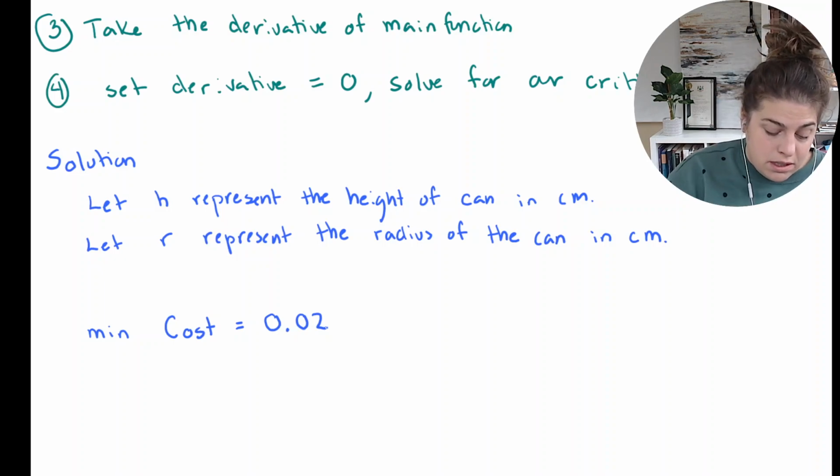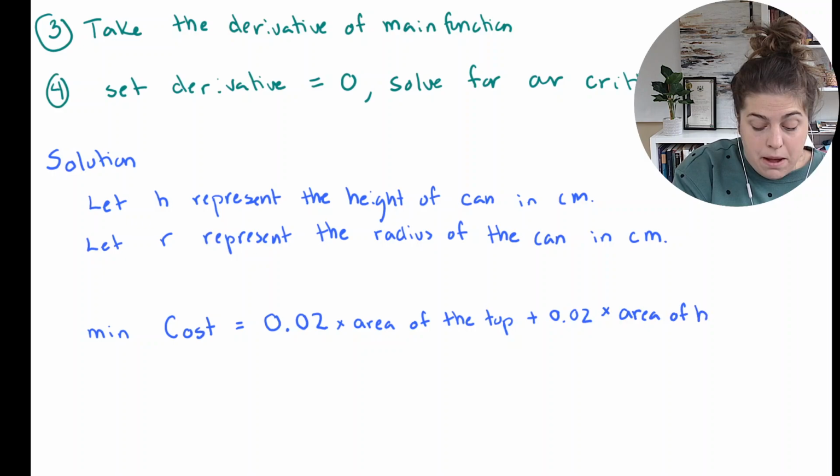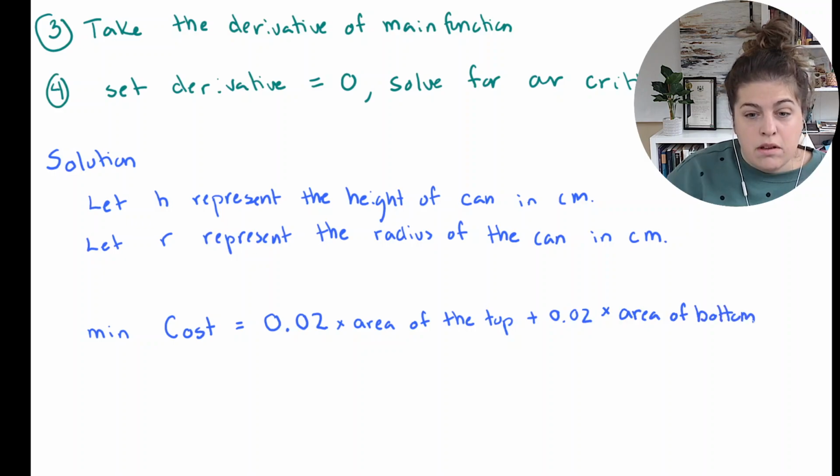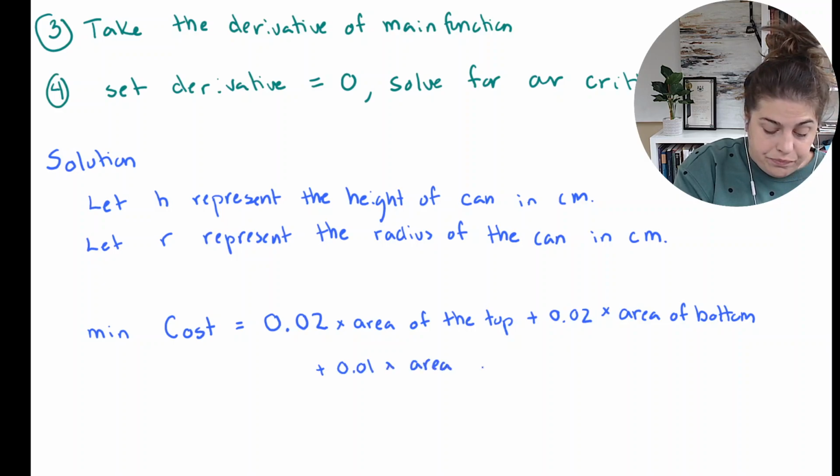So it's 2 cents times the area of the top, plus 2 cents times the area of the bottom, plus it's 1 cent for the area of the side.